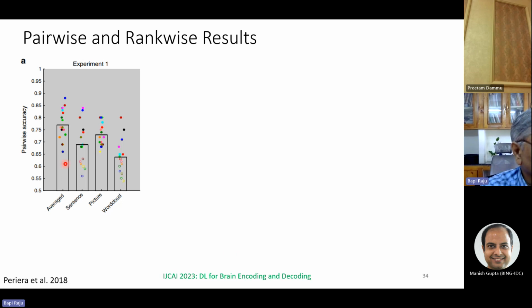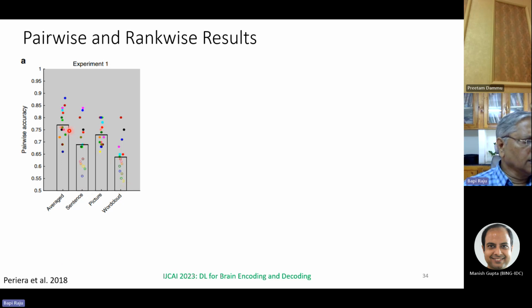For the first one, experiment 1, you remember there was a sentence view, a picture view, and a word cloud view. There are 3 brain activations that were recorded when participants were looking at only the picture, the concept word and the picture, a sentence that uses that concept word, or the word cloud format where the target word is in the middle and the related words are on the periphery.